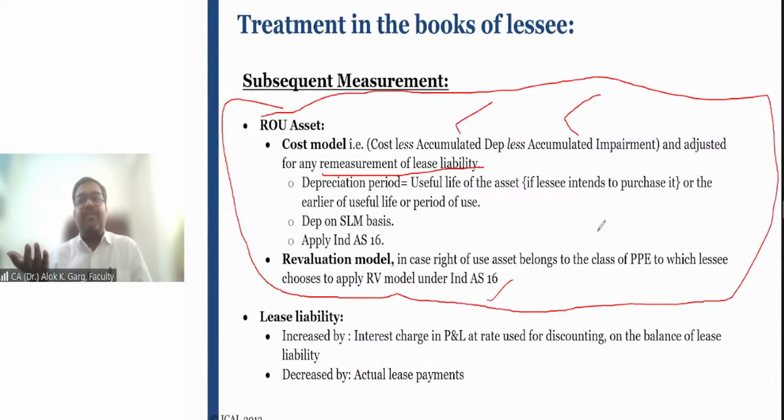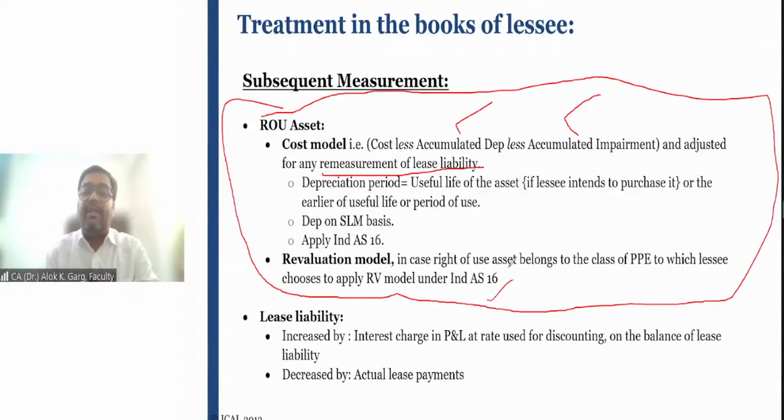If the purchase option is not there, in that case, useful life or lease term, whichever is earlier, or I can say over the period of lease term, as simple as that. अगर परचेज ऑप्शन नहीं है तो आप लीज टर्म में डेप्रिशिएट कर दोगे, अगर परचेज ऑप्शन है तो यूजफुल लाइफ में डेप्रिशिएट करोगे. That is the only thing which is given in the standard.